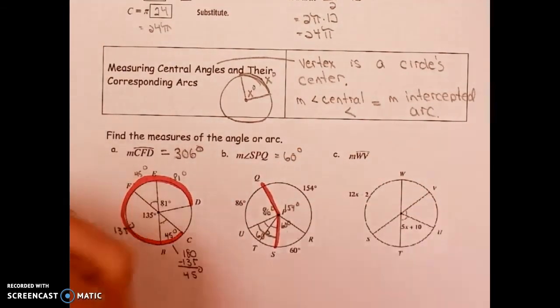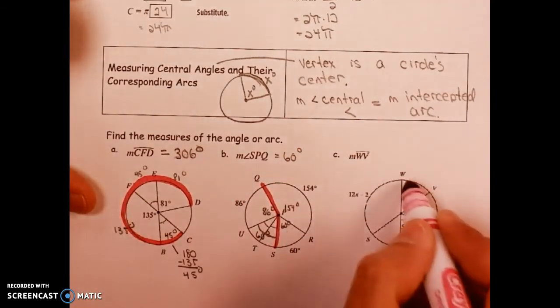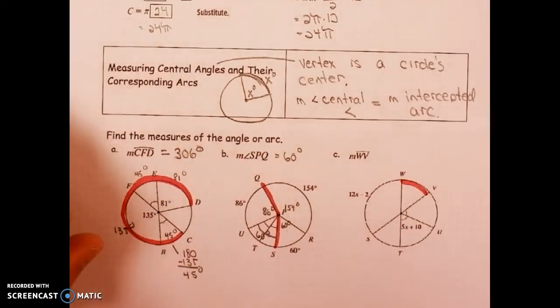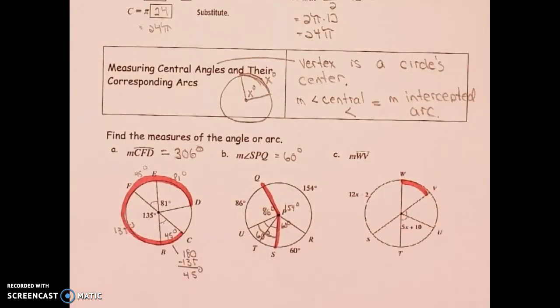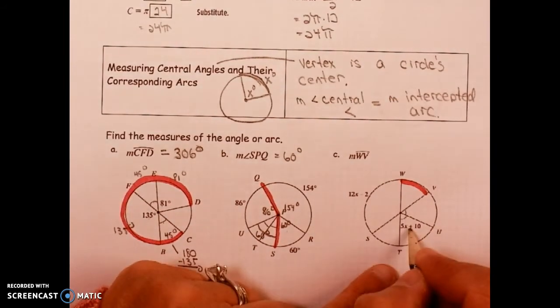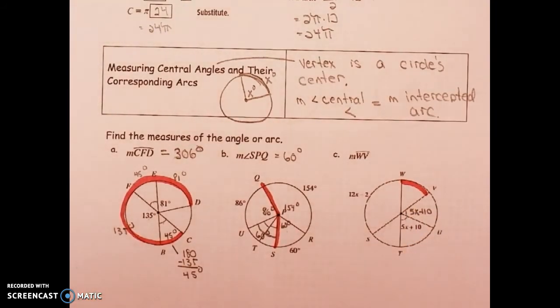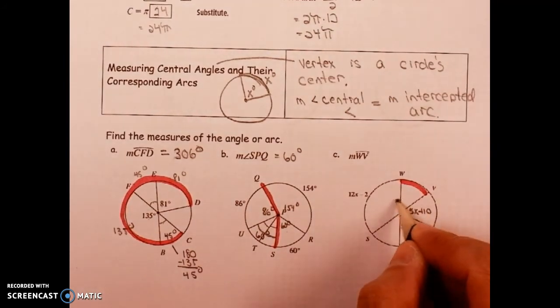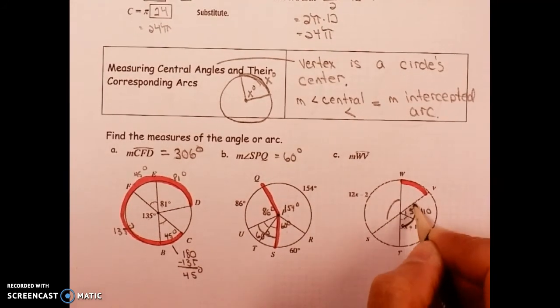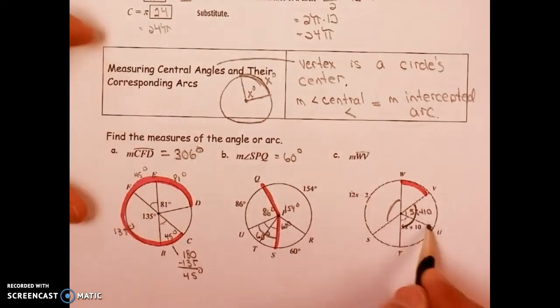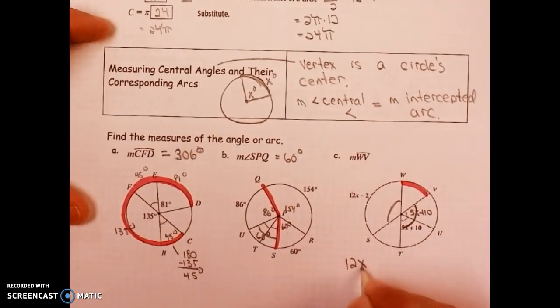Okay, the last one, I'm looking for WB. Okay, I notice this is 5x plus 10. Notice the markings here. That means this is 5x plus 10 as well. And if you take a look, this angle and this angle are vertical, and I know vertical angles are equal. So we're going to set 12x minus 2 equal to the sum of those.